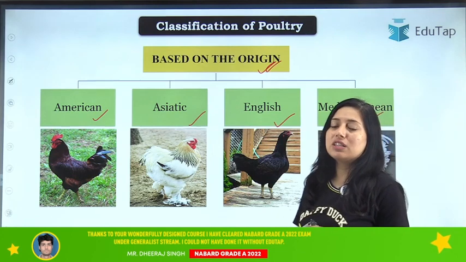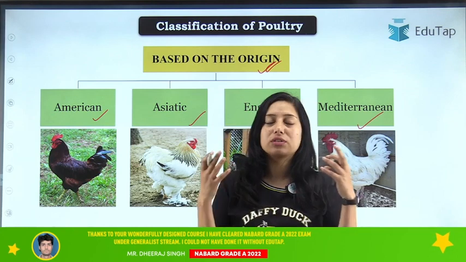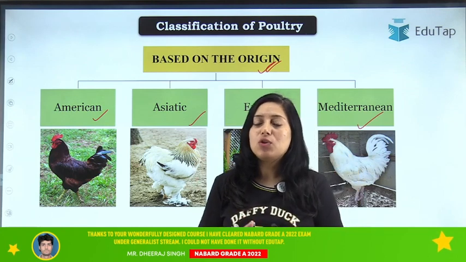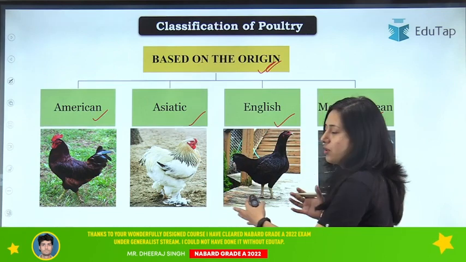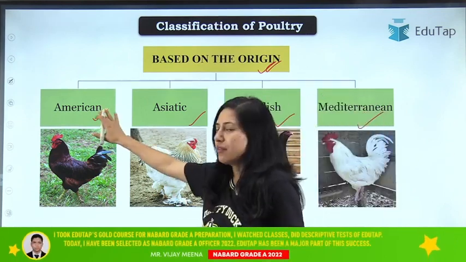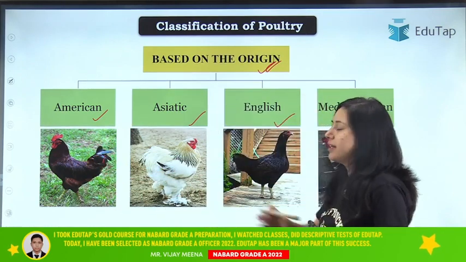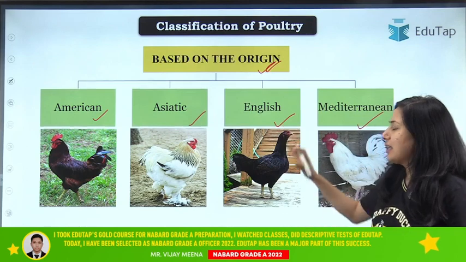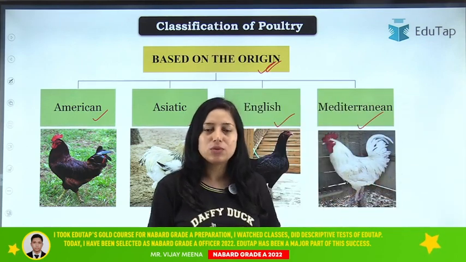So based on the place of their origin, based on their native place, poultry breeds are divided as you can see in the presentation, right? So basically we have American breeds which are American in origin, then Asiatic breeds which are Asian in origin, then English breeds which are English in origin, and Mediterranean breeds which are Mediterranean in origin.